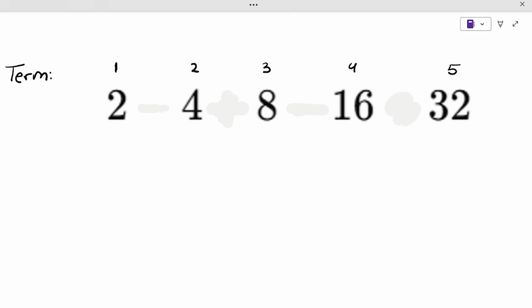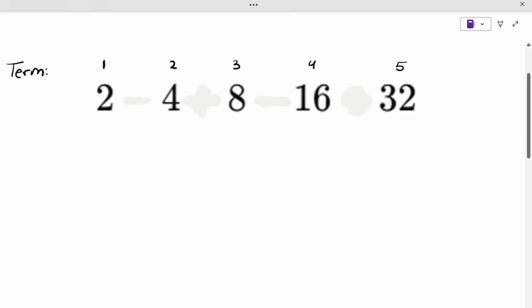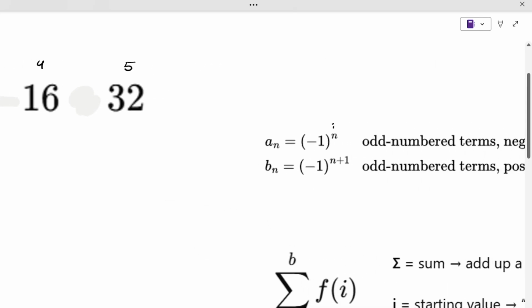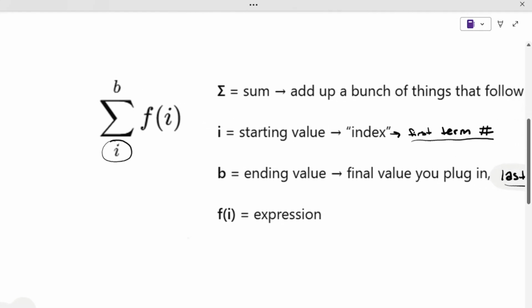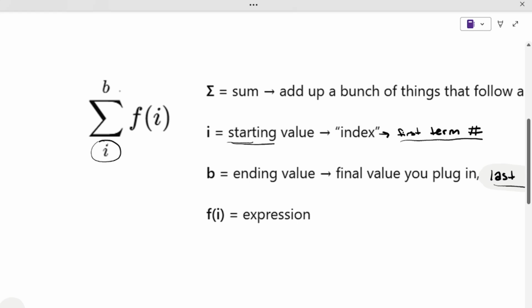Essentially this is what tells us where we are going to start and where we are going to end. Remember how we mentioned that I at the bottom was the starting value, otherwise known as the first term number, right?